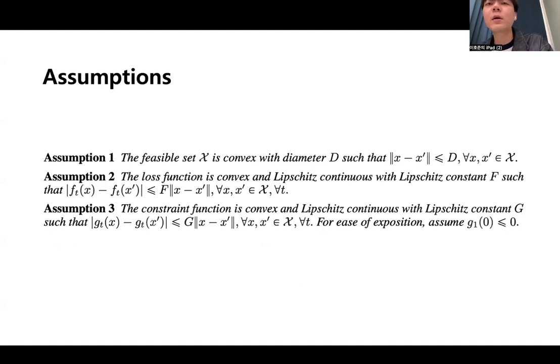In this paper, there are 3 assumptions. Firstly, the feasible set large X is assumed to be convex and bounded. Additionally, both the loss function and the constraint functions are assumed to be convex and Lipschitz continuous. Without these assumptions, conducting online optimization would be impossible.